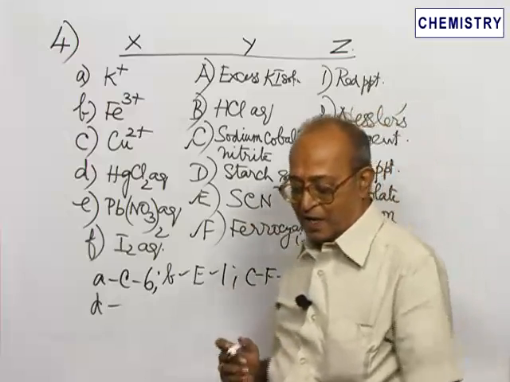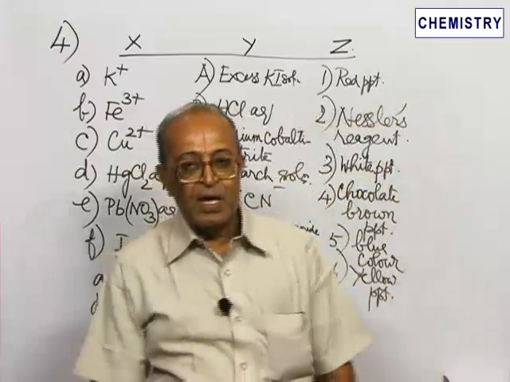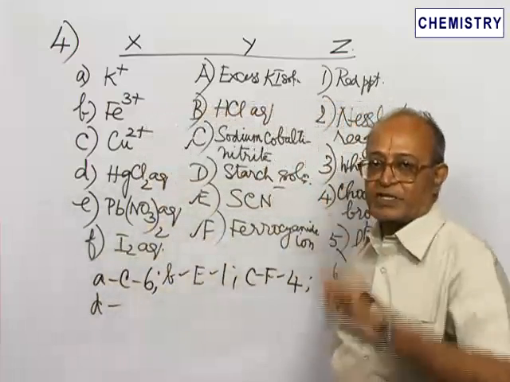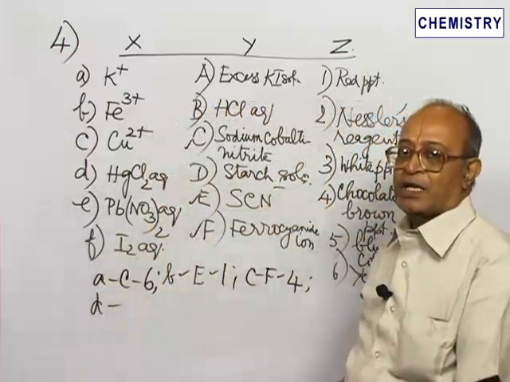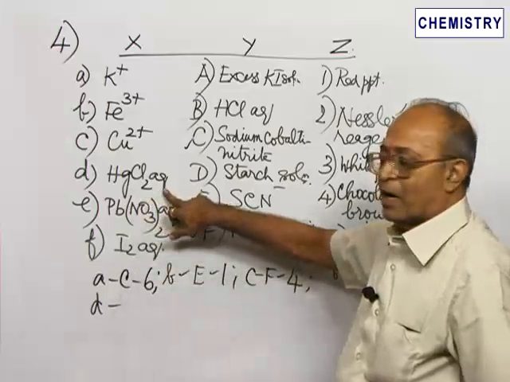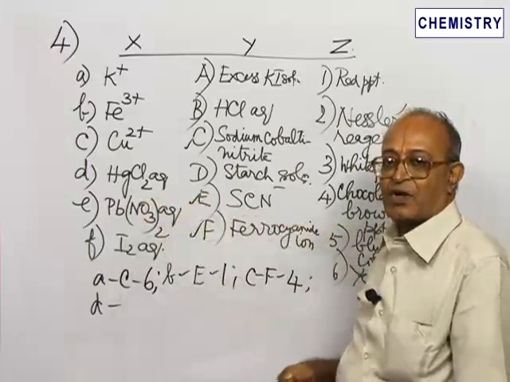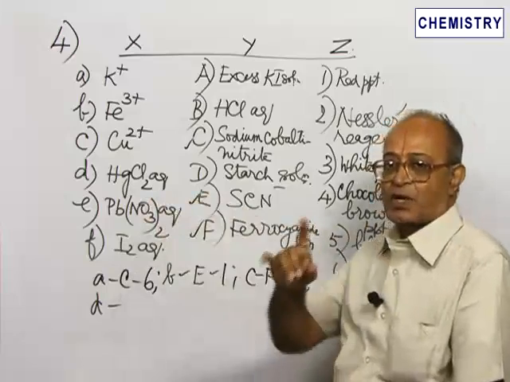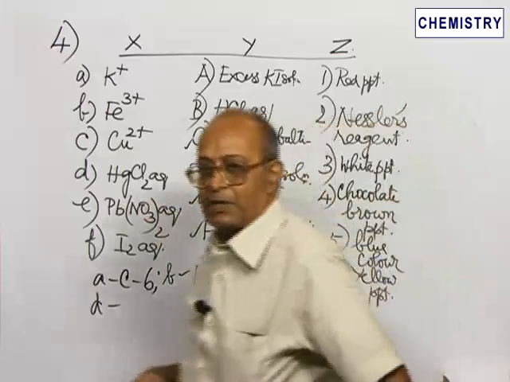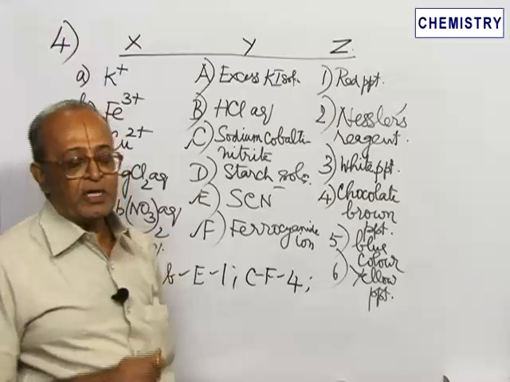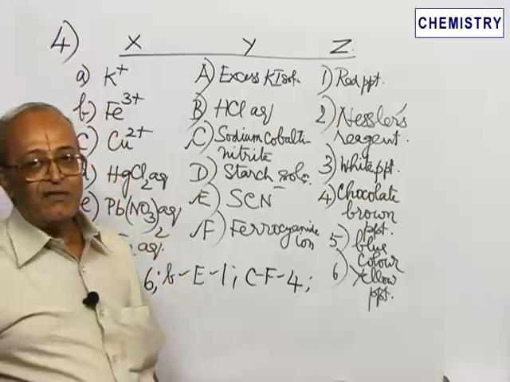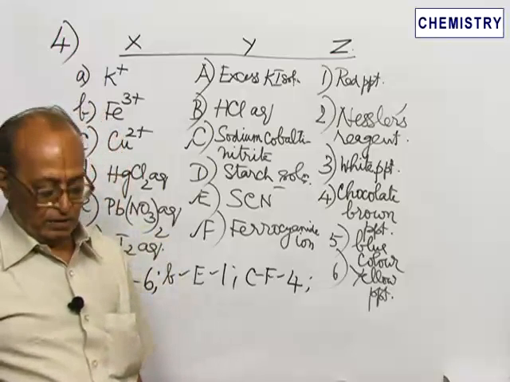We can confirm the presence of mercury in two ways. One is mercuric ion plus stannous chloride reaction. Or the second reaction for mercury is addition of KI solution.